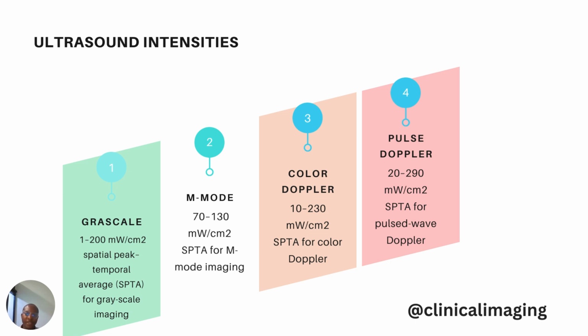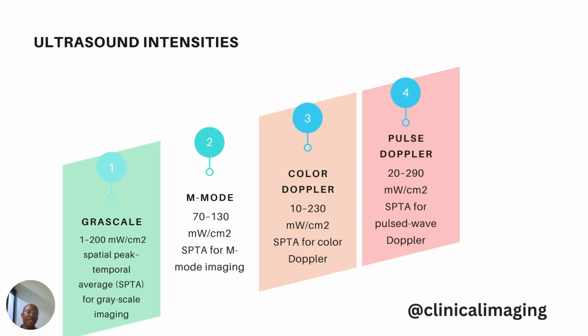If you are activating color Doppler mode, you are operating at an intensity level of 10 to 230 milliwatt per cm squared. Then if you are using pulse Doppler mode, you are operating between 20 to 290 milliwatt per cm squared.